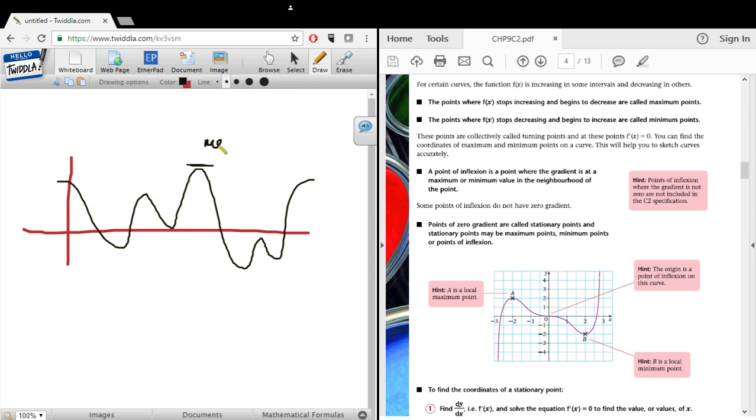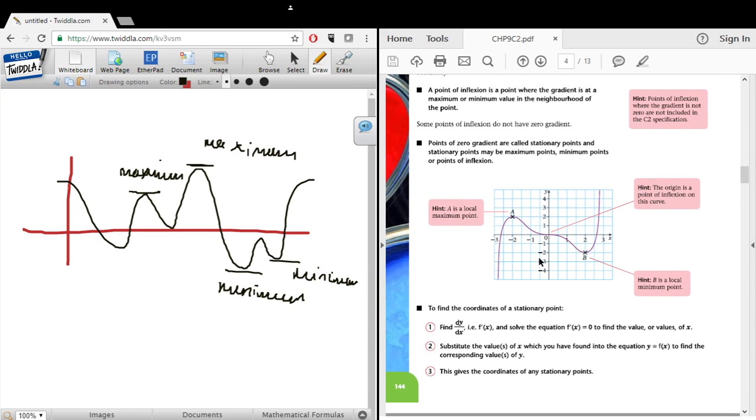Evidently this would be a maximum, but don't be fooled into believing that this is not also a maximum, and this is a minimum, whereas this is also a minimum. So minimum here does not mean the lowest, and the maximum does not mean the highest point. No, rather what it means is that there is a point where f(x) stops increasing and starts decreasing, and likewise here f(x) stops decreasing and starts to increase, just to point that out.